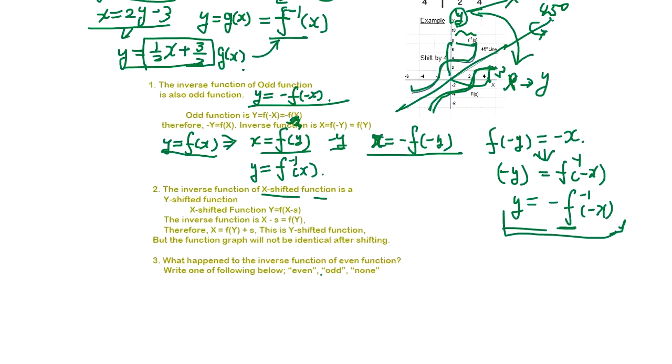The inverse function of an x-shifted function is a y-shifted function. Okay, the inverse function of the f shifted function. So the inverse function is this, right? And an x-shifted function is a y-shifted function. So what it's saying is the x-shifted function is going to be y-shifted.